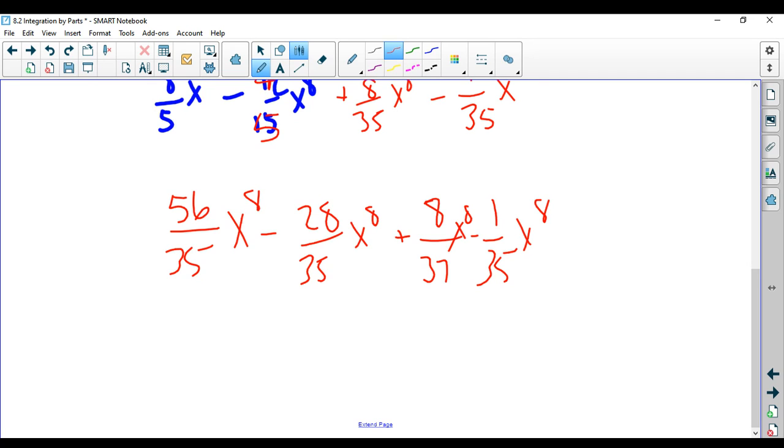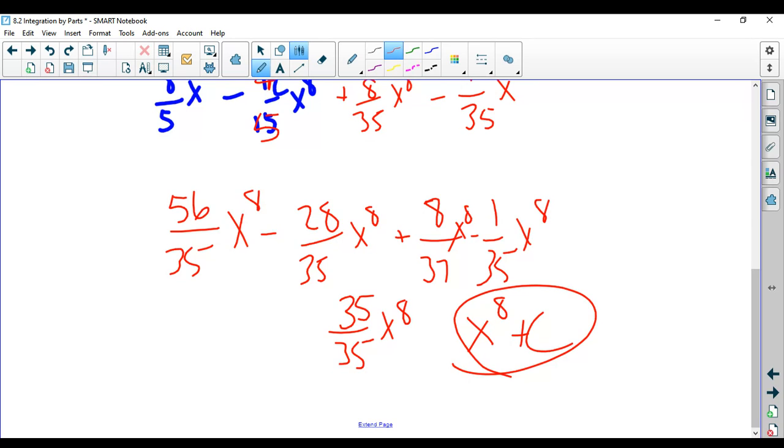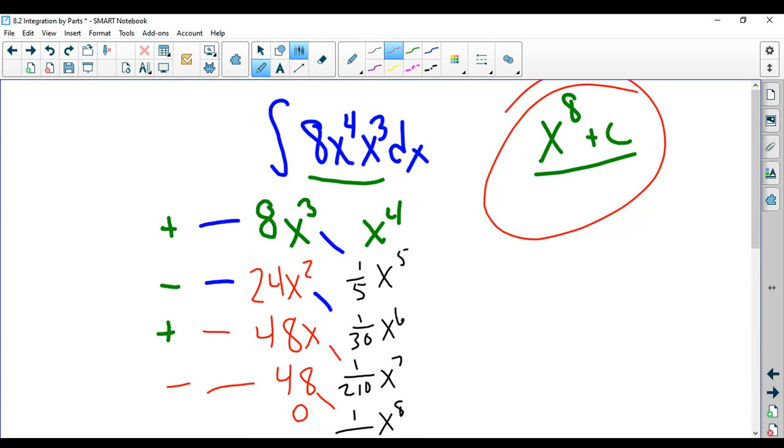So we have 56 minus 28, which is 28, plus 8, which is 36, minus 1, which is 35. We have 35 over 35 x to the 8th, which is x to the 8th plus c, which we knew going into this that we were going to get.